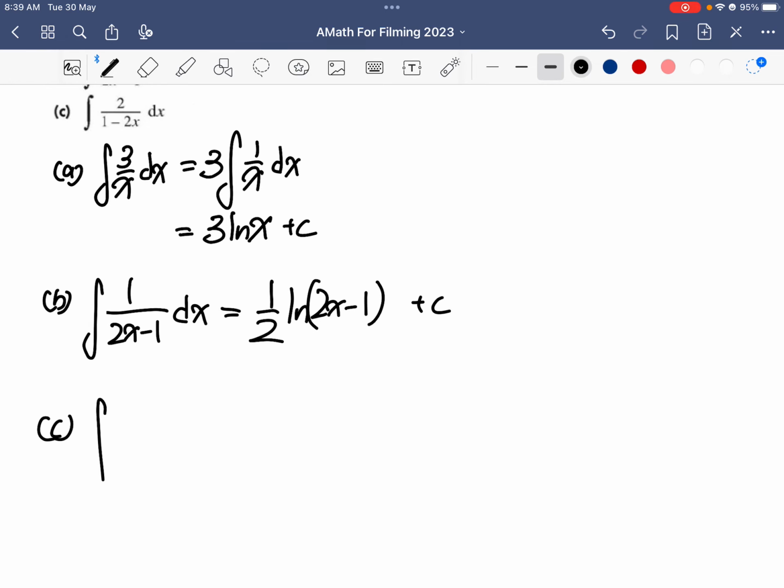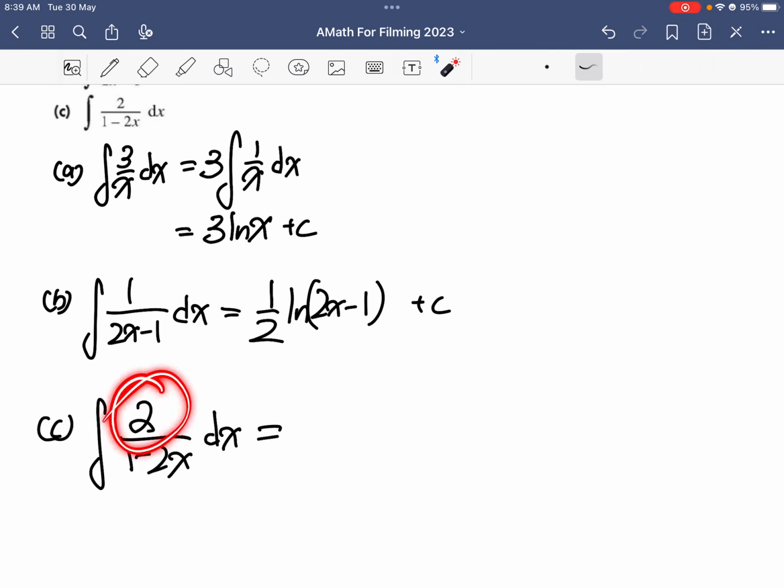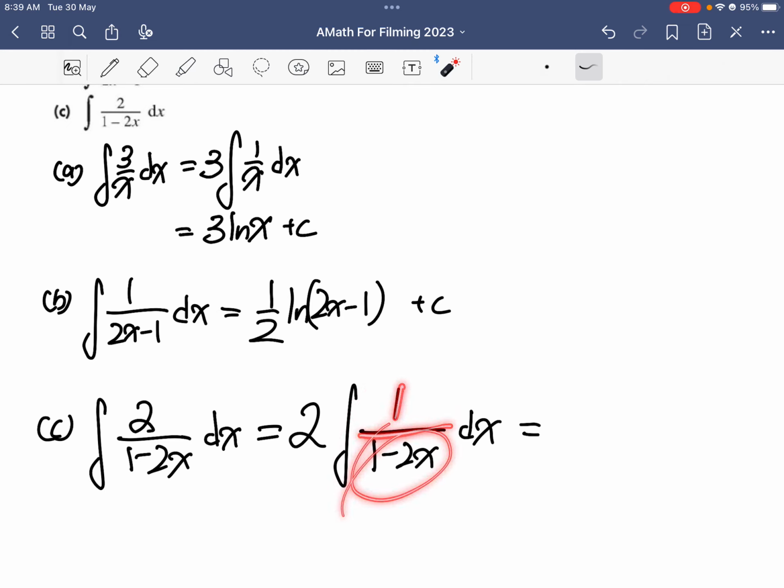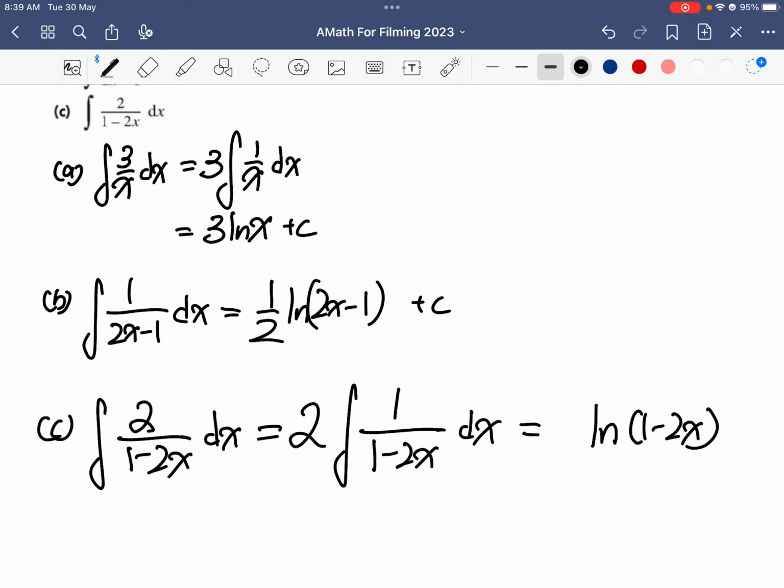Part C is similar to part B with just a bit of tweaking. So you are attempting to integrate this. Notice that the numerator is no longer 1, it's a 2. So to save yourself some heartache, you factorize out the 2. What I get is 1 over 1 minus 2x with respect to x. So once again, when you see this pattern 1 over something, what you do is you get back ln.